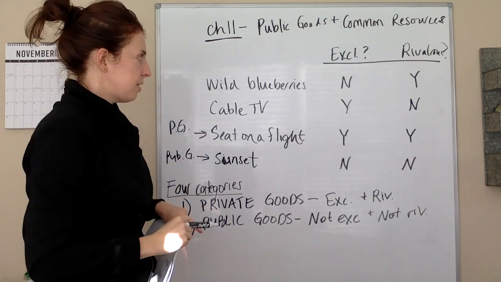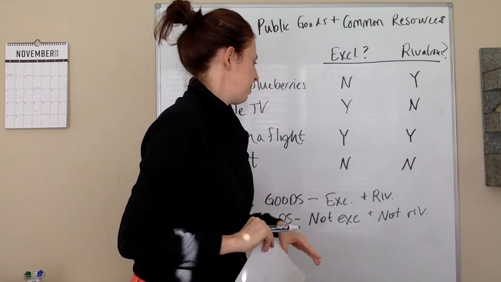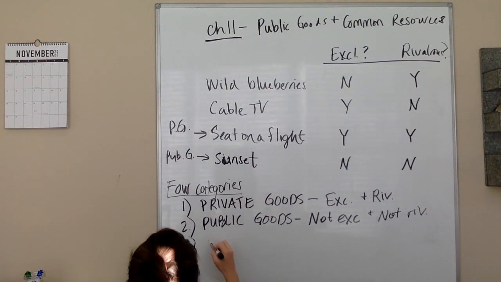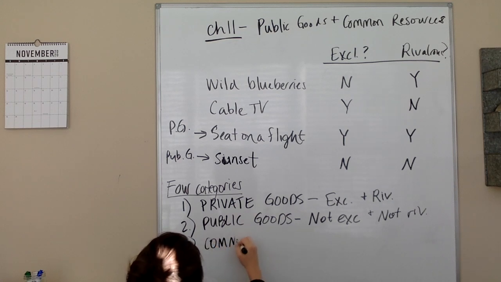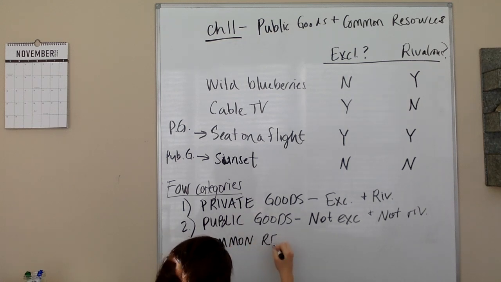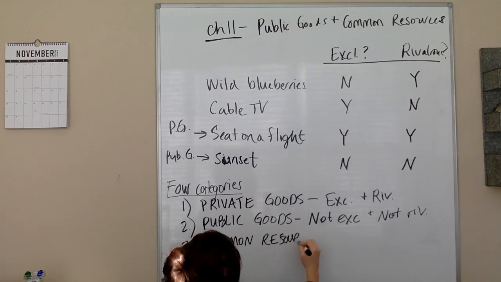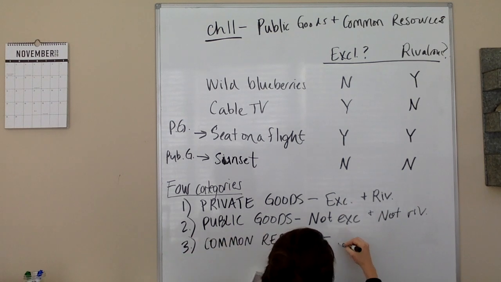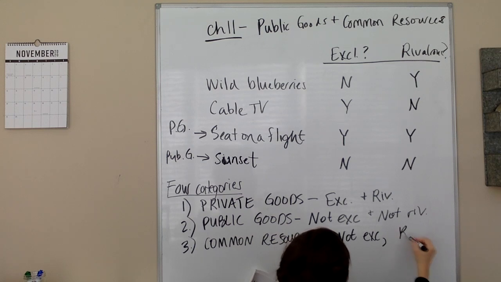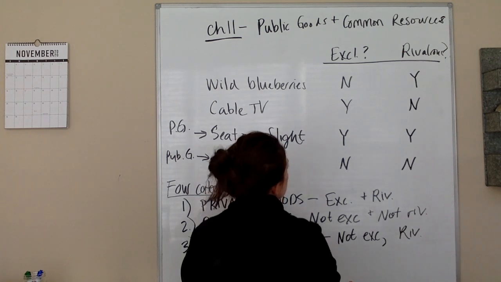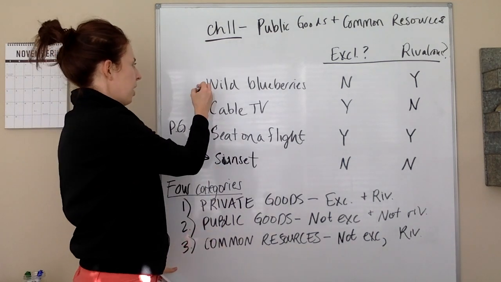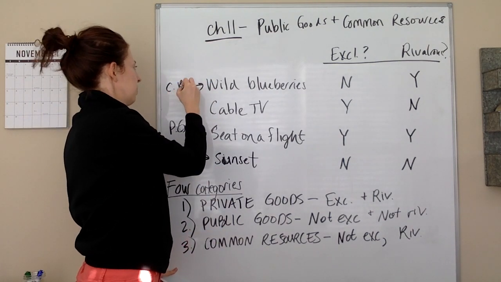A sunset is not excludable and it is not rivalrous. Category number 3 is common resources. Okay, common resources are those goods that are not excludable, but they are rivalrous. So that would be something consistent with wild blueberries. These would be a common resource.